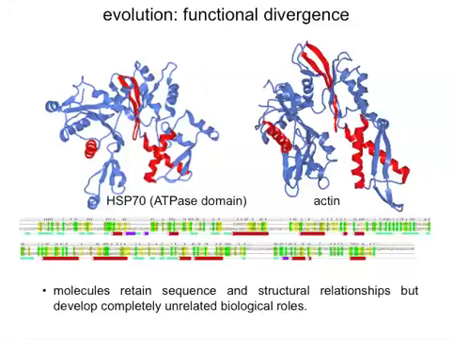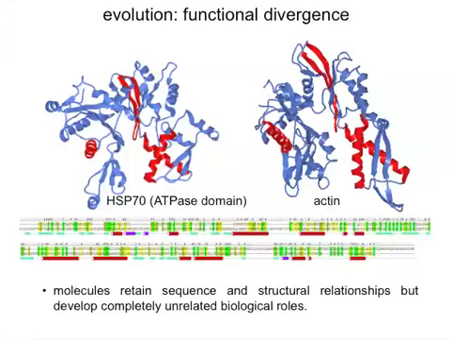Even though, if you look at the sequence comparison here, they have far less than 20% identity. Remember that I told you that about 20% is our bottom limit for being able to align sequences and call them similar. And in this case, we're well below that limit. These molecules are clearly unrelated by sequence, but structurally very similar. Functionally different.